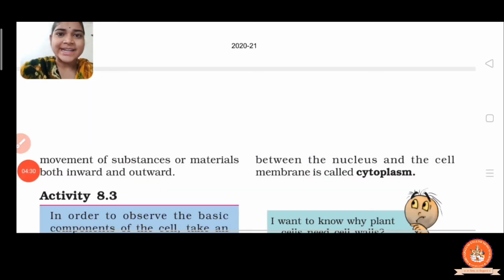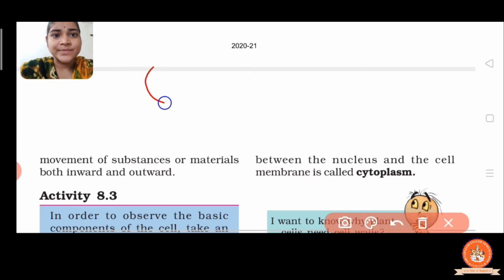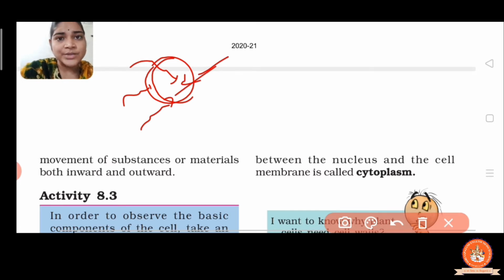It means it is a semi-permeable membrane which allows selective substances into it. Again I repeat, it allows only selective substances, selective particles, to pass through the membrane, not all substances.